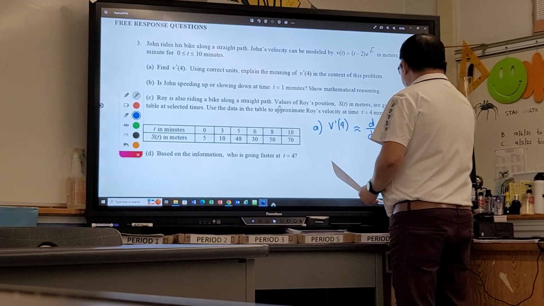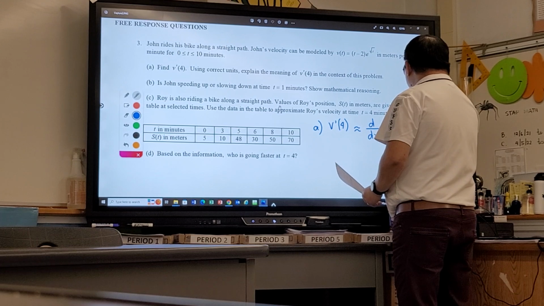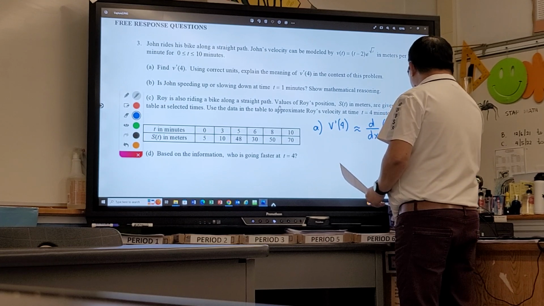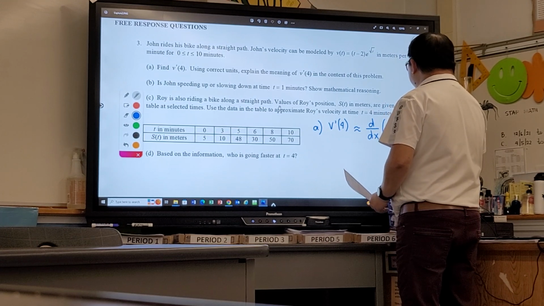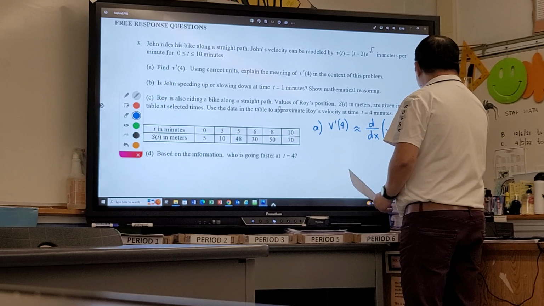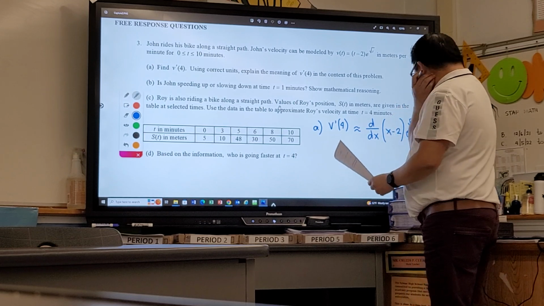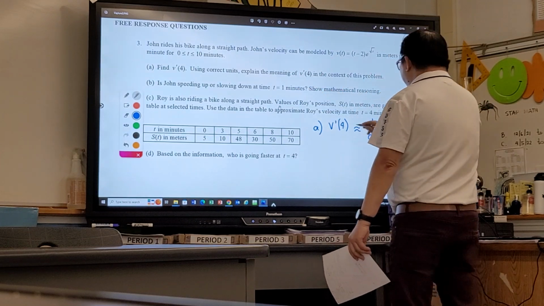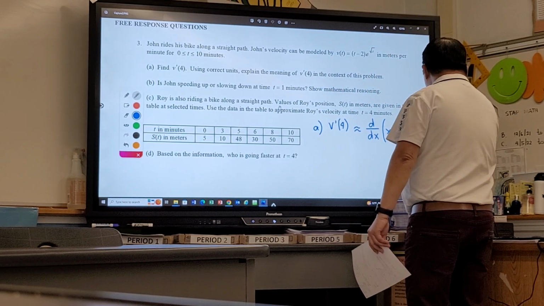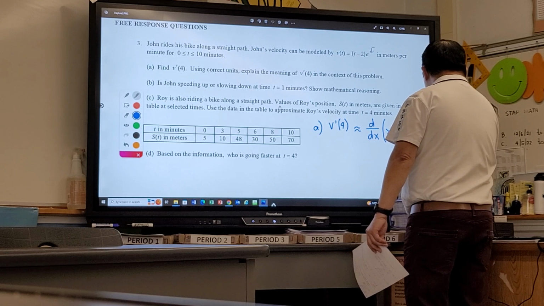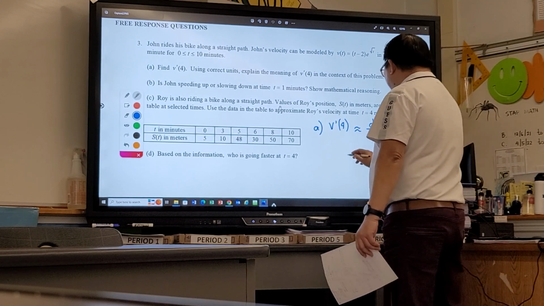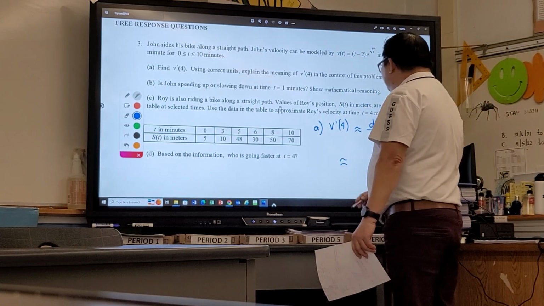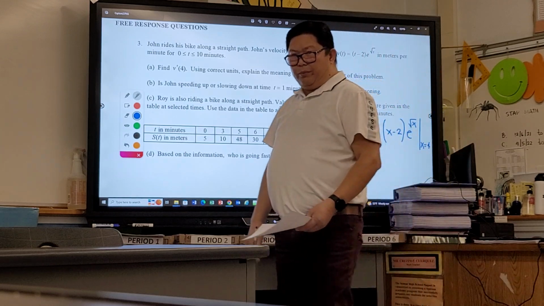So x minus 2 and then e to the power of square root of x. Okay, and this is to be evaluated at 4. X is equal to 4. So what is V prime of 4 now?